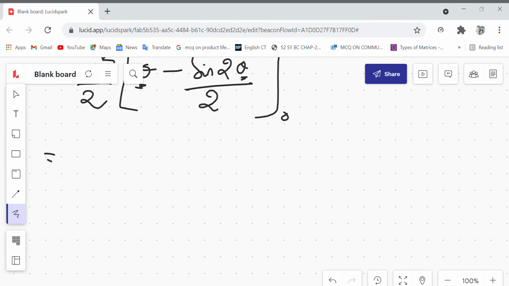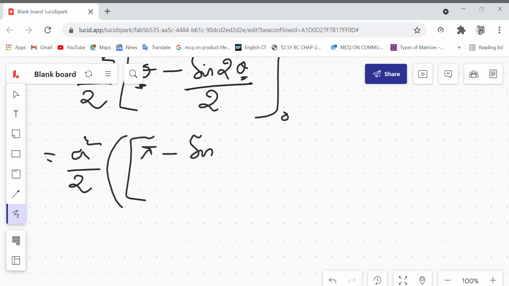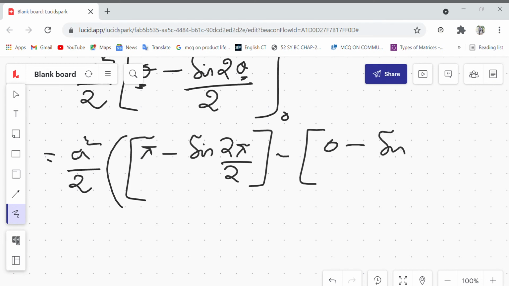Then it's a square by 2, pi minus sine 2 pi divided by 2, minus 0 minus sine 0 divided by 2.